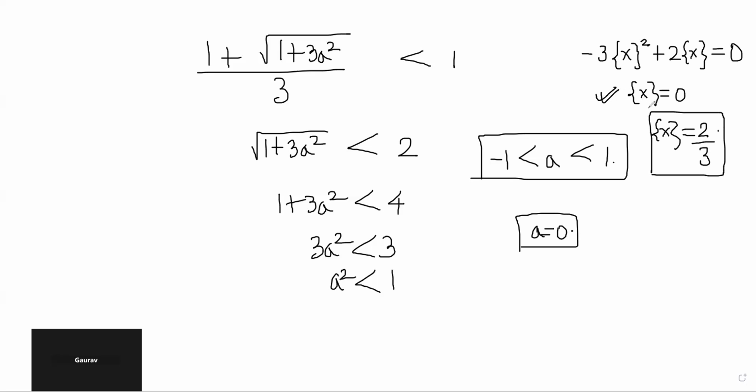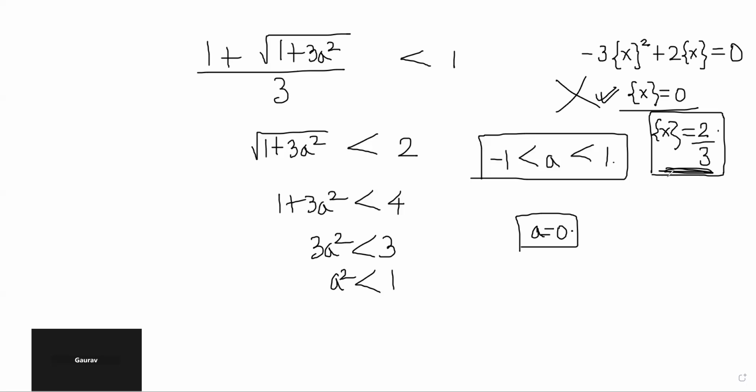So if fractional part of x is 0, then it is an integer, but that was rejected because it was supposed to have non-integer solutions, right? If fractional part of x is 2 by 3, it is a non-integral real solution.